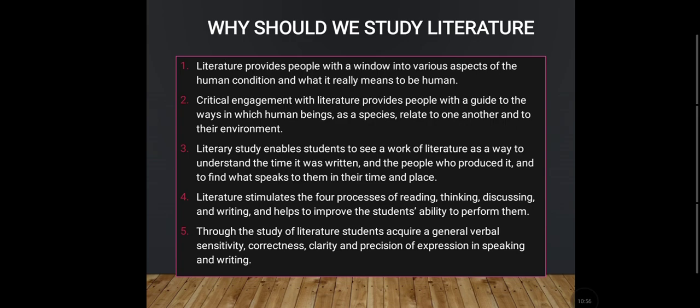For example, it will help us to understand the kind of politics and occupations that our fathers and mothers had. And again, we have said literature helps us to develop skills in language.